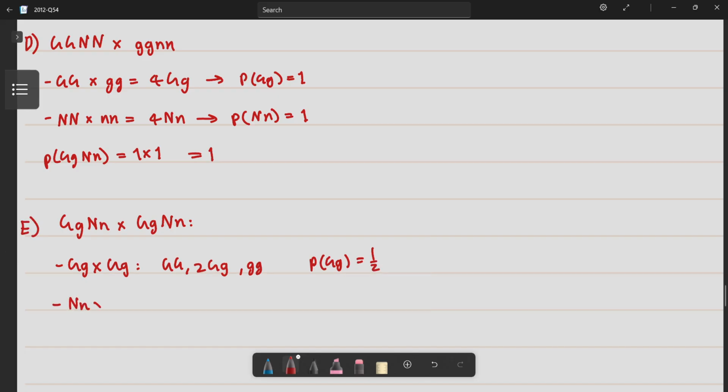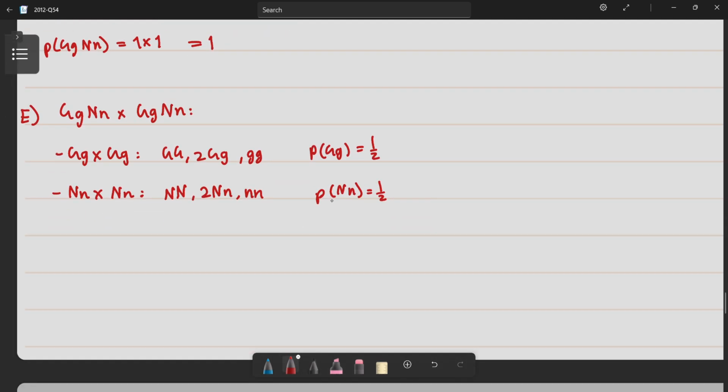The same for the other gene, N, where we have two of these, which gives a probability of half. Multiplying the probabilities together, we get 1/4. This is a very low chance, as we calculated before with a different method.